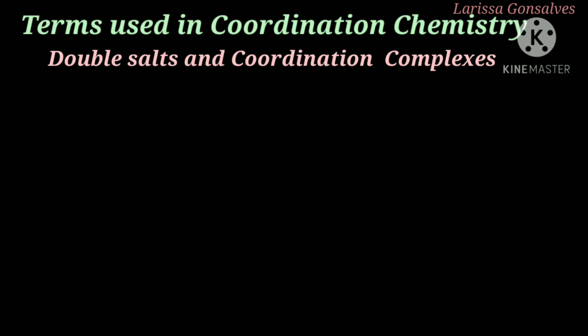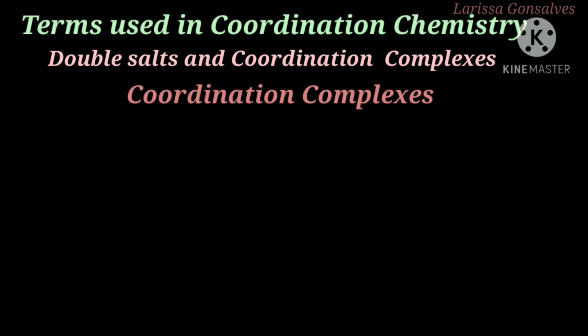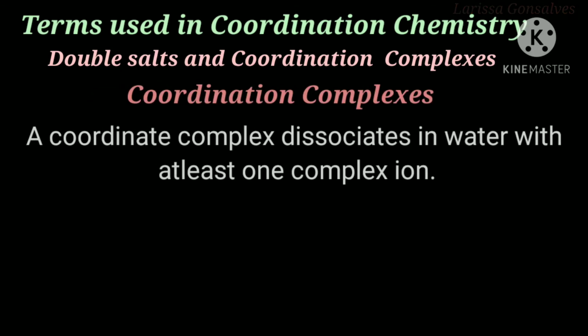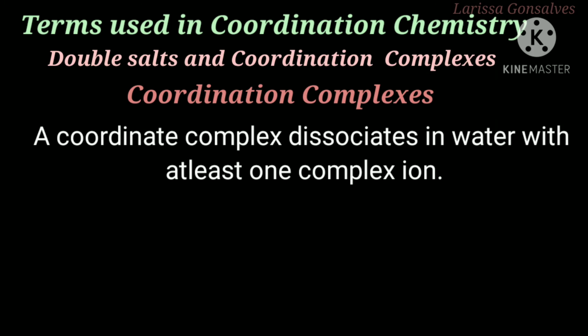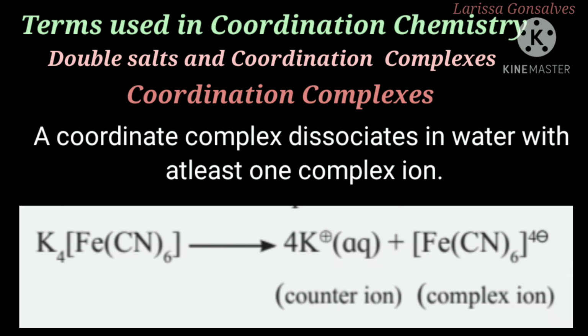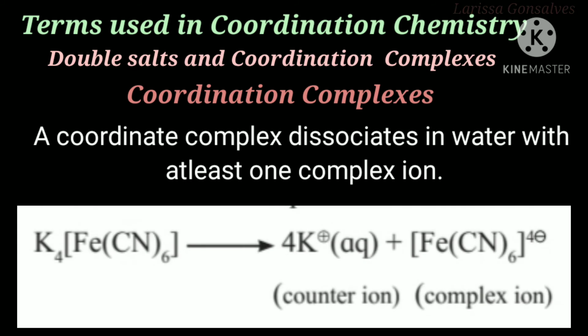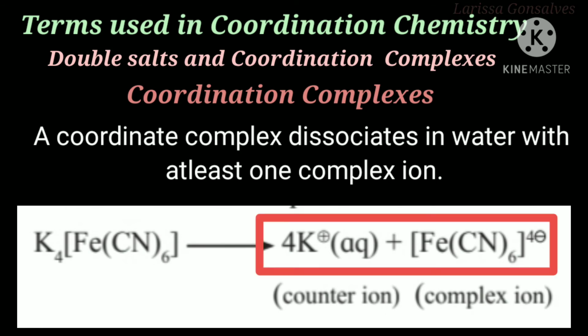Next are the coordination complexes. A coordination complex dissociates in water with one complex ion. Let us take the example of K4[Fe(CN)6]. In the coordination sphere you have Fe(CN)6. When it comes in contact with water, it dissociates as 4 K+ ions plus [Fe(CN)6]4-.